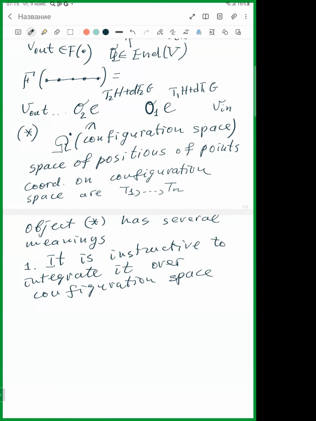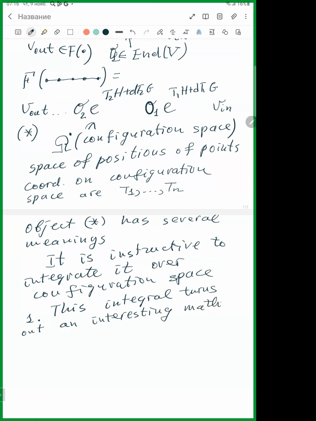And this integral has several meanings. This integral turns out to be an interesting mathematical object, a mathematical number in mathematical application.